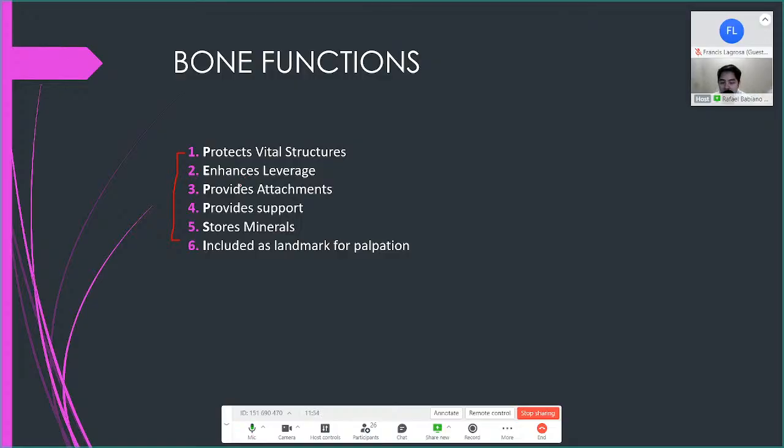Then it provides attachments. So when you go to second sem, first sem pa lang yun, we'll have the subject called anatomy for physical therapy. This one is gross anatomy, meaning general anatomy of the whole body. When we go to specific anatomy for PT, we'll talk about the muscles more. You're going to memorize all the muscles in the body. I think there are over 100 muscles.